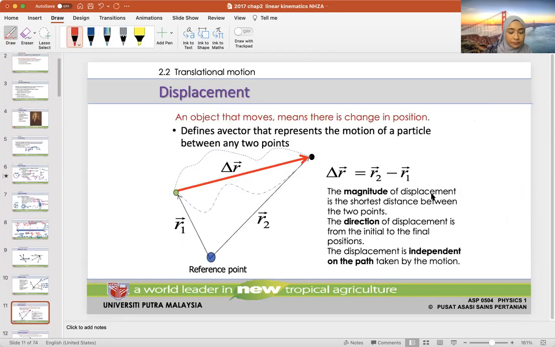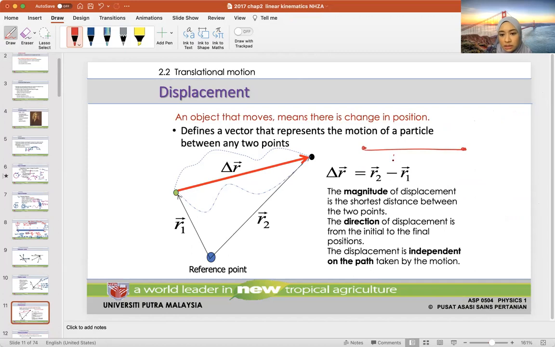So that is position. And then displacement. Displacement is a vector that represents the motion of a particle between any two points. So just now we talked about the displacement in one dimension, and we saw that from here to here, it was easy.